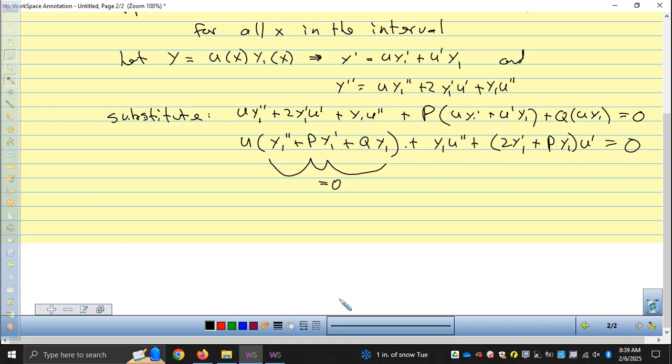So what we have is y1 u double prime plus 2 y1 prime plus p y1, not y1 prime, just y1, u prime equals 0.